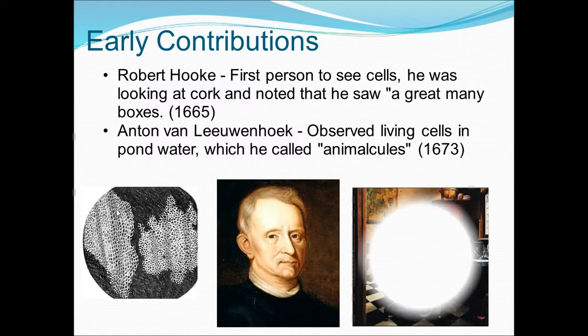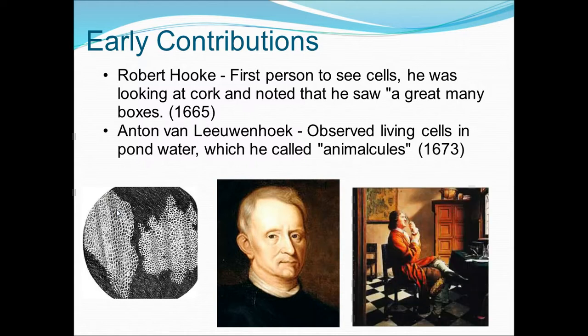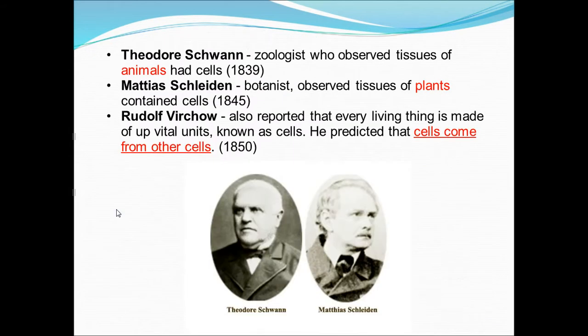Leeuwenhoek observed living cells in pond water, so he actually took water with his primitive microscope, and he could see things swimming around in there, and he called them animalcules. That was 8 years later after Robert Hooke. Then we have Theodor Schwann and Matthias Schleiden. Schwann was a zoologist, so he observed tissues of animals and noticed they had cells.